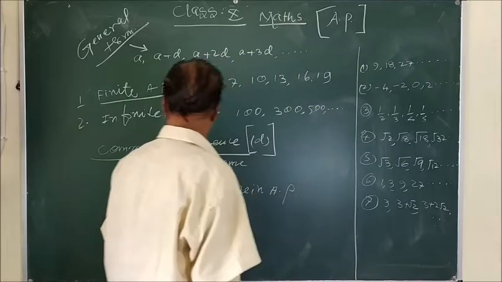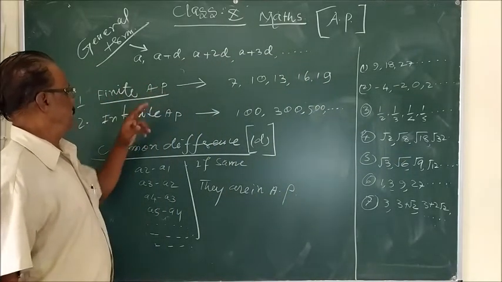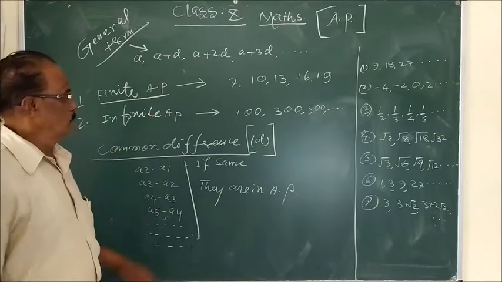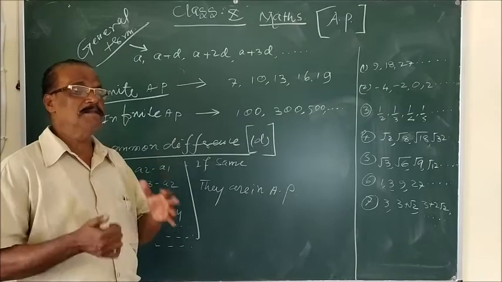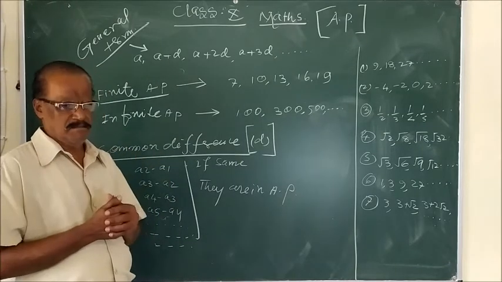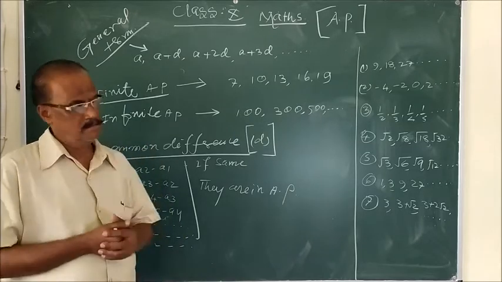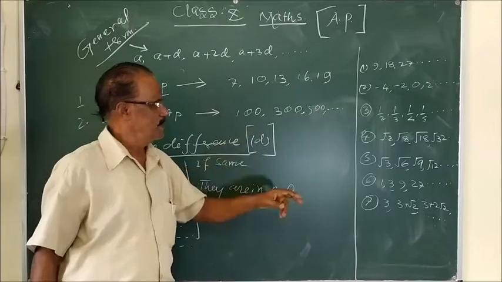I have explained what you understand by finite AP and infinite AP. Finite, you must have studied, is limited. We know the end term, we know the last term. That is why it is called finite AP.